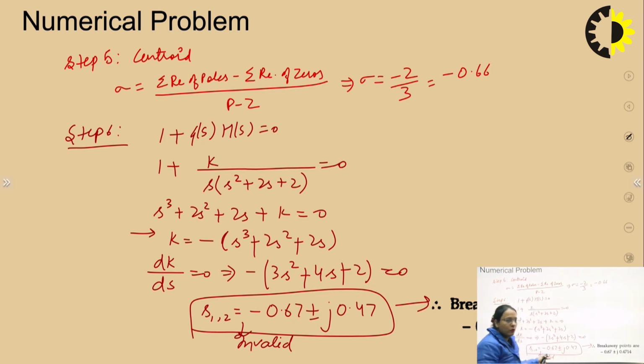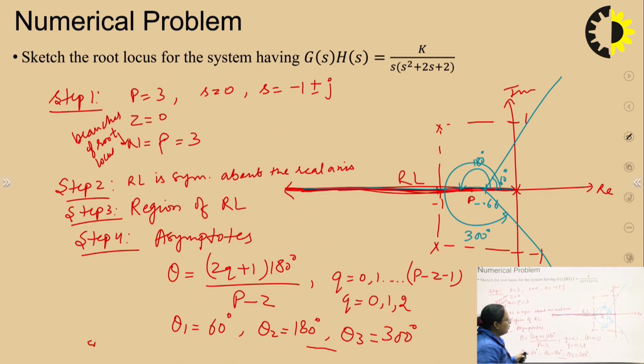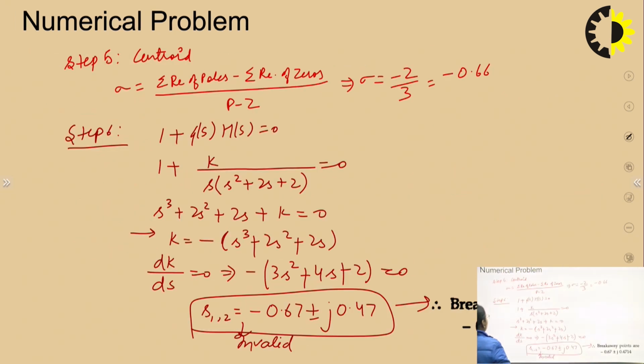So in this case, there is no valid breakaway point. Basically the three branches of the root locus originate from the poles: one originates from here, one from here, and one from this pole. Since there is no breakaway point, I have to check where these branches are leaving.